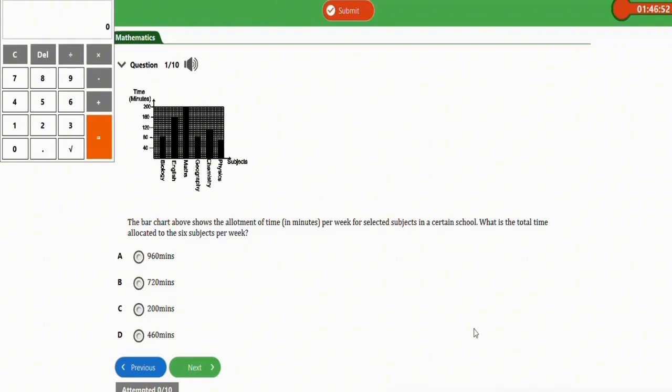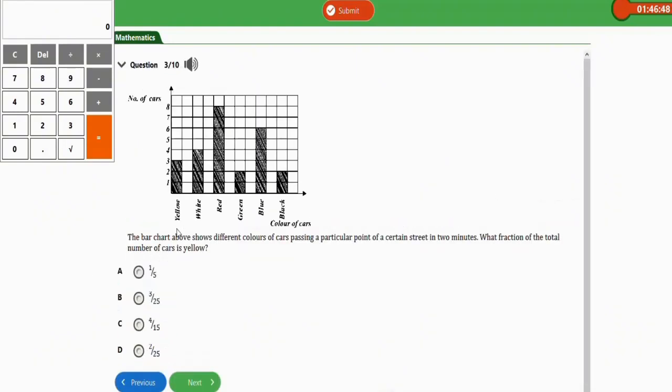The next repeated question we are going to solve is this question. It says the bar chart above shows different colors of cars passing a particular point of a certain street in 2 minutes. What fraction of the total number of cars is yellow? In this bar chart, let's get the total number of cars.